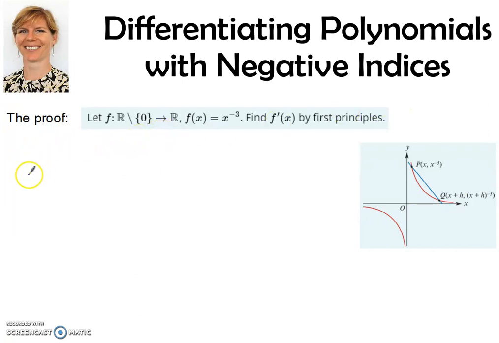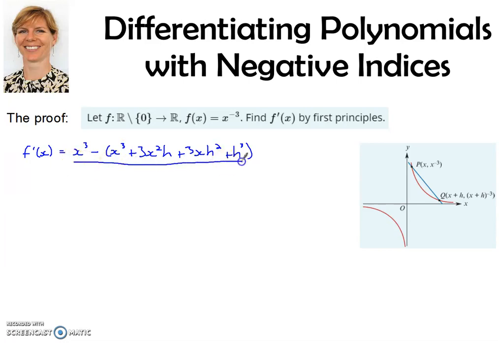And so we have got f prime x. Just expanding out, we had our x cubed, and then if we expand out the bracket, that gives us x cubed plus 3x squared h plus 3x h squared plus h cubed. Remember, you can use Pascal's triangle in order to do that nice and easily.